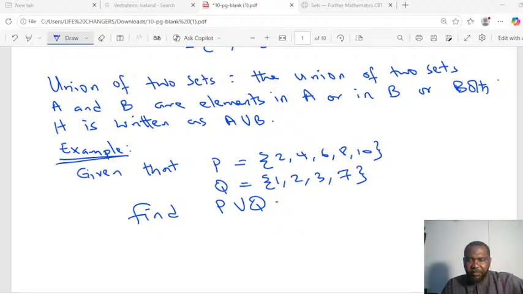You are asked to find P union Q. In the case of P union Q, it means elements that are in P, just combine the two, combine everything.